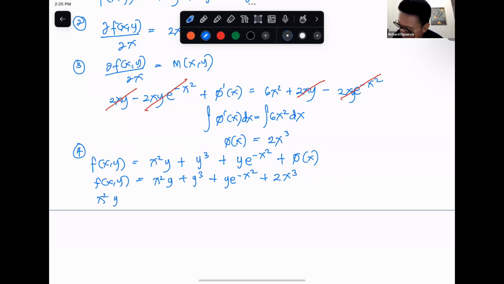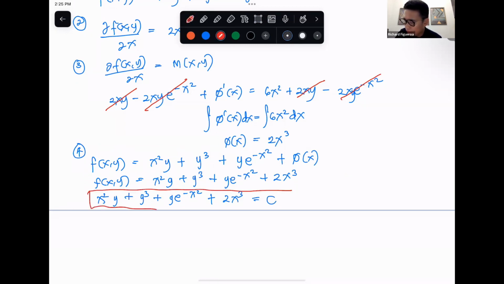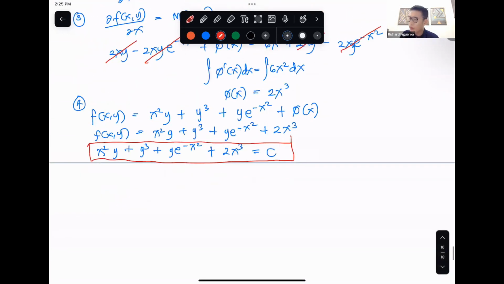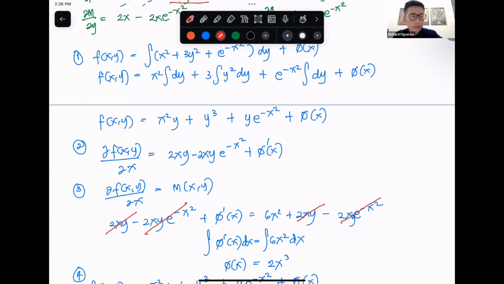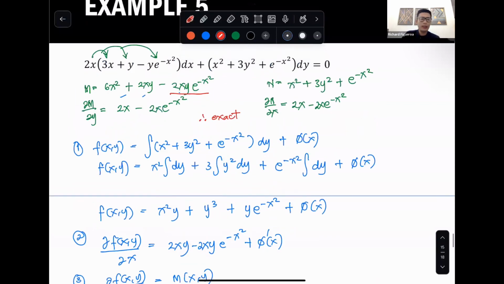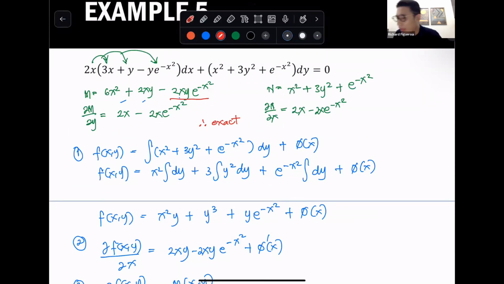So x squared y plus y cubed plus y e raised to negative x squared plus 2x cubed equals c. It's repetitive, isn't it? It just depends on integration. The process is repetitive.